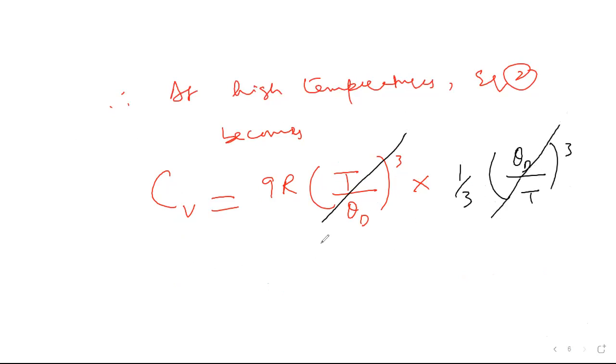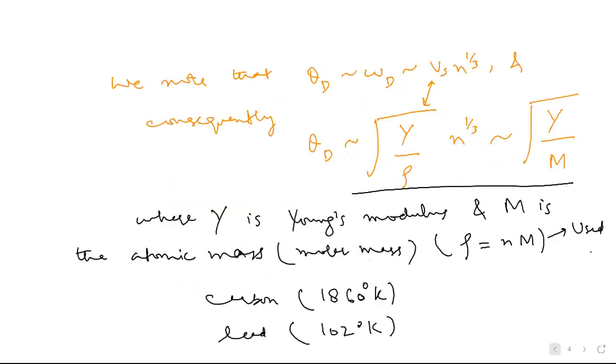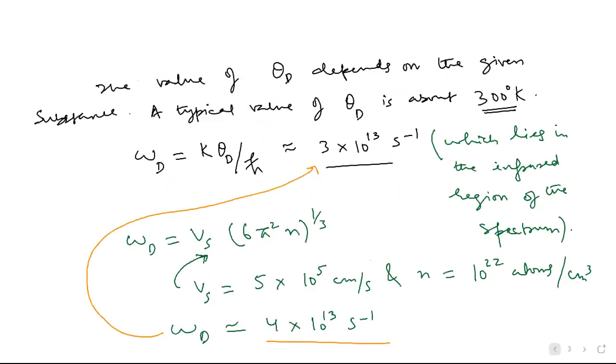What do you get? We get 9 over 3, which is 3. So you get 3R. Let me name it, this is my equation 3.